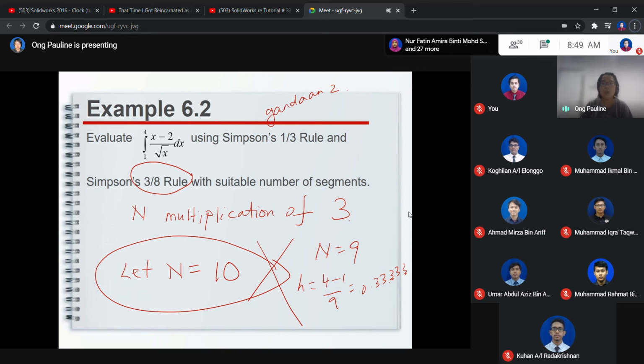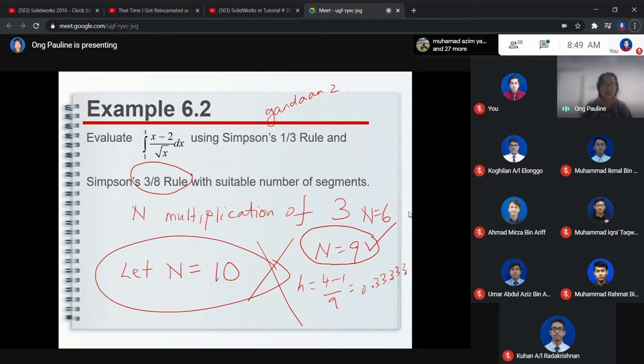Okay, so walaupun n sama dengan 9, pemilihan yang betul untuk Simpsons 3/8, ini bukan satu pemilihan yang bijaksana, sebab apabila you gantikan ke dalam rumus H di sini, you dapat yang jawapan dia tak terhingga.